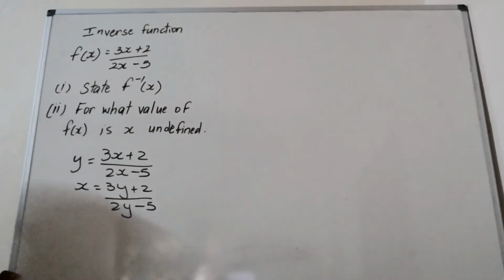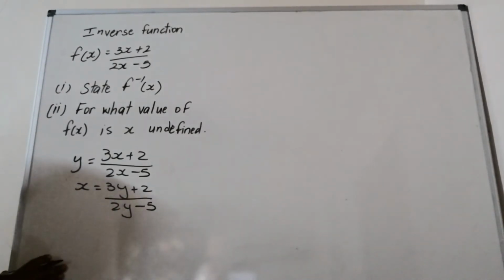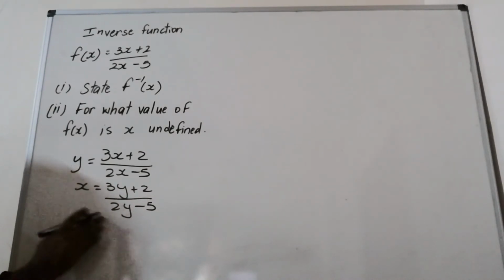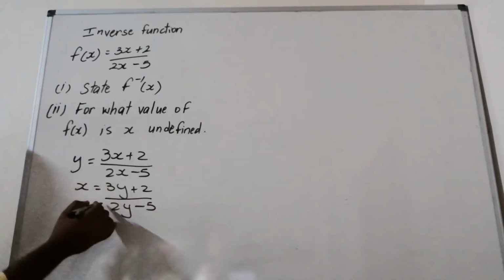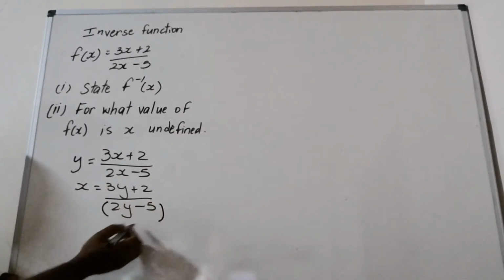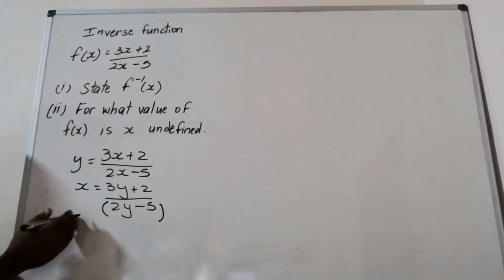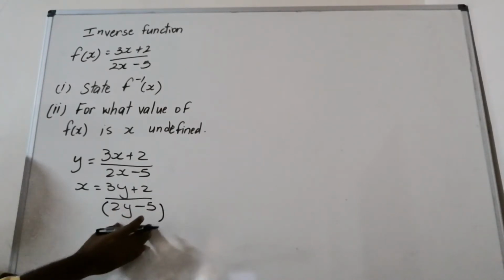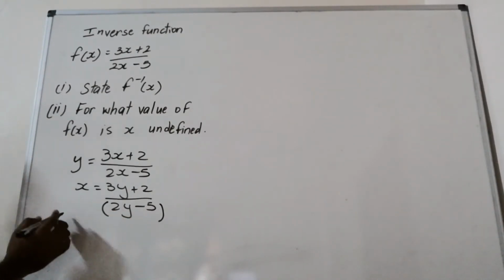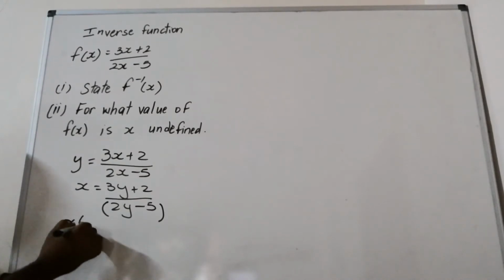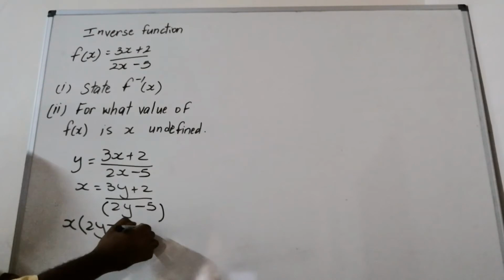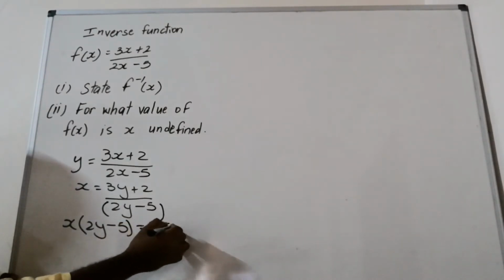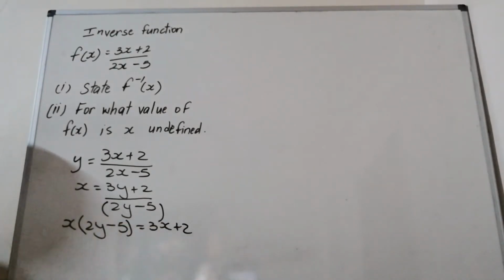And the next step, we make y the subject of our formula. So first thing we need to do is to get rid of our denominator. Since our denominator is dividing, we will bring it over. The inverse of division is multiplication. So we will have x times 2y minus 5 is equal to 3y plus 2.